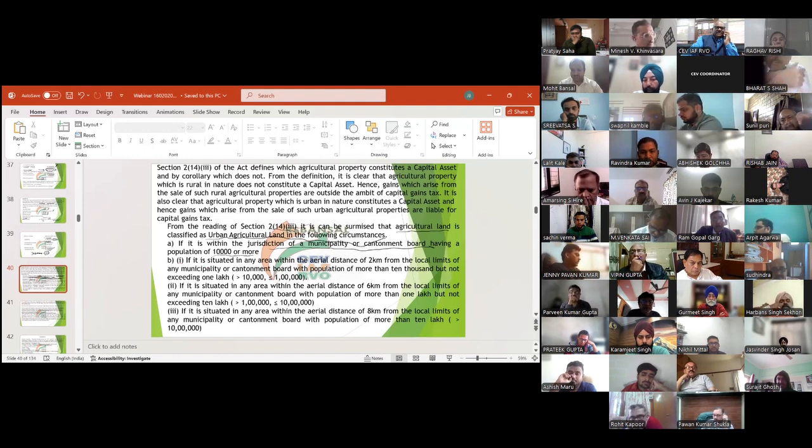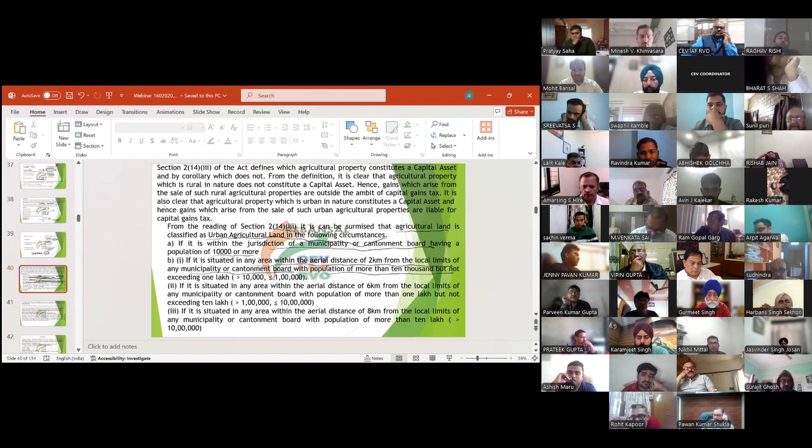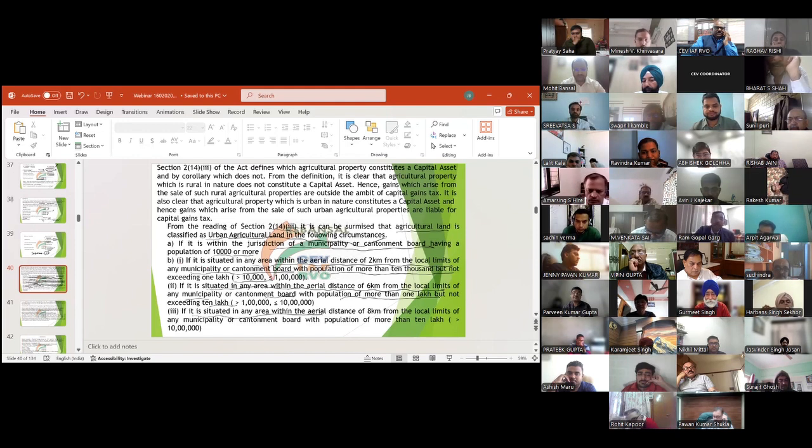And if it is situated in an area within the aerial distance of 2 kilometers from the local limits of any municipality or cantonment board with a population of more than 10,000 but not exceeding 1 lakh. And if it is situated in any area within the aerial distance of 6 kilometers from the local limits of the municipality or cantonment board with a population of more than 1 lakh but not exceeding 10 lakh. And if it is situated in an area within an aerial distance of 8 kilometers from the local limits of a municipality or cantonment board with a population of more than 10 lakh.